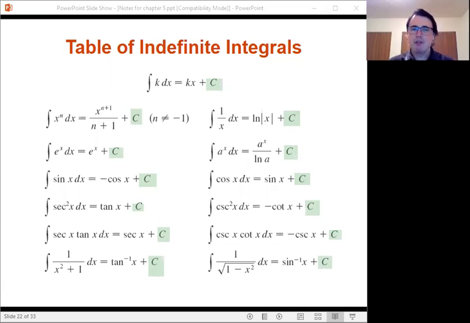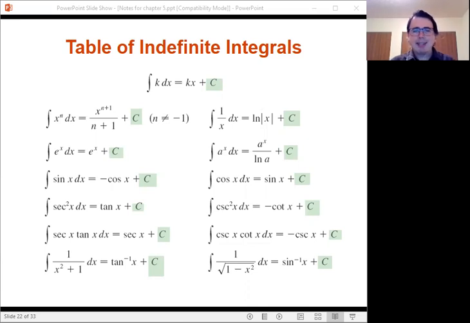So without extra information, it's traditional just to leave a plus c at the end. The name for this thing is the constant of integration. Anytime we have an indefinite integral, there will be some antiderivative with some constant of integration. We can at least know what that antiderivative will look like, but we won't know what the constant is unless we know a little bit more about the problem that we're given.